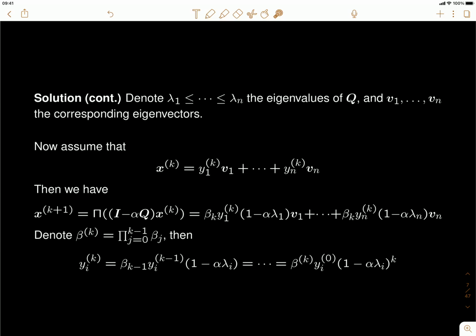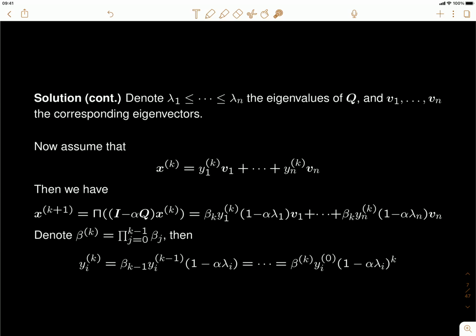Since x_k is a vector, it can be spanned by these eigenvectors. Let's say the coefficients for the linear combination are y_1^k through y_n^k. These are the coefficients to assemble this x_k. We don't know what y is so far; we will derive the formula for it, but since v1 through vn form a basis, there must be some combination to form x_k.